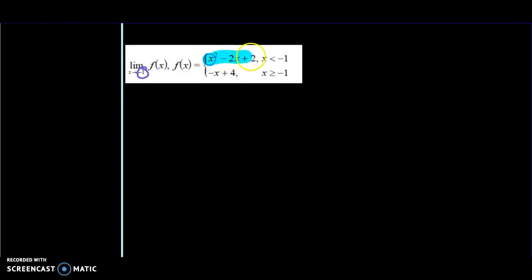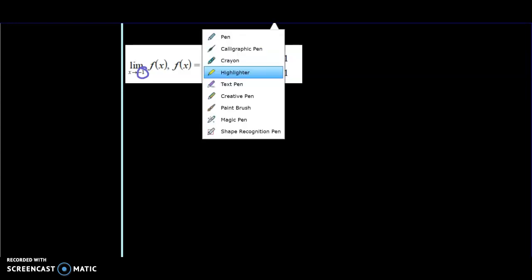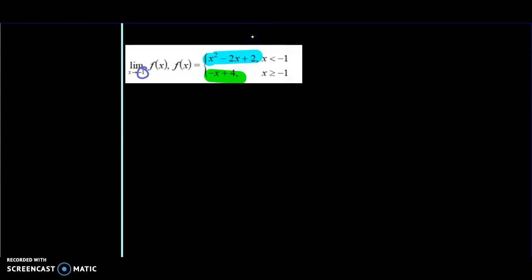From the left, it's this one, and from the right, it's this function. So I'm actually going to end up substituting -1 into both to calculate what is that limit, if the limit does exist. And so I plug in -1 into my first one, -2 times -1 plus 2.